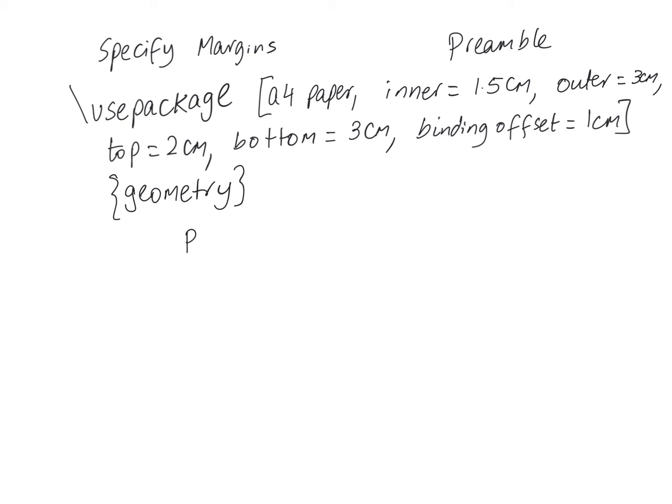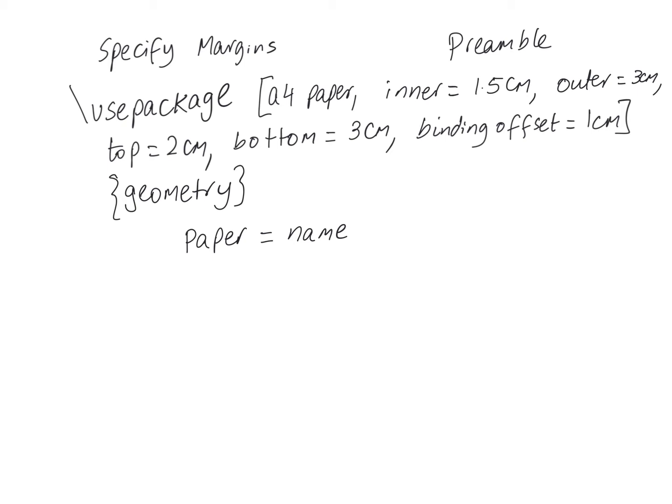So first you can put the paper name, like for example, A4 paper. You could also abbreviate it like executive letter paper, legal paper, A0 paper, A6 paper, B0 paper, and so on.